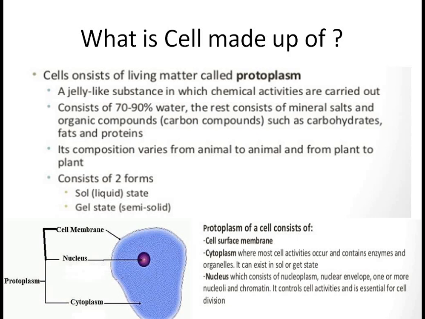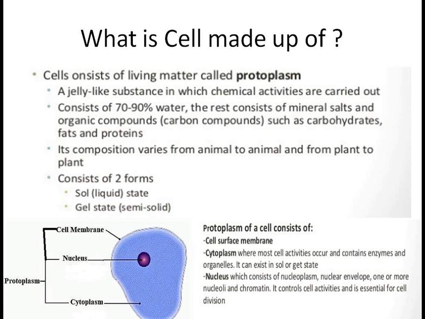The cell membrane is a partially permeable membrane which bounds the cell. The nucleus is the head of the cell. It's where all the activities of the cell are carried out. Then there is cytoplasm, where most of the chemical reactions take place, and when we combine these three, we get protoplasm.